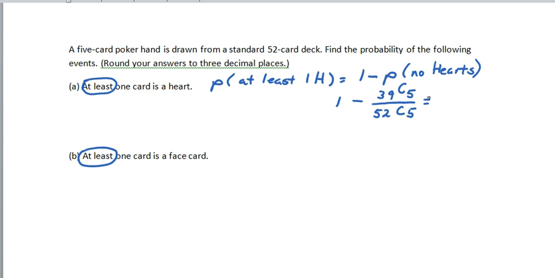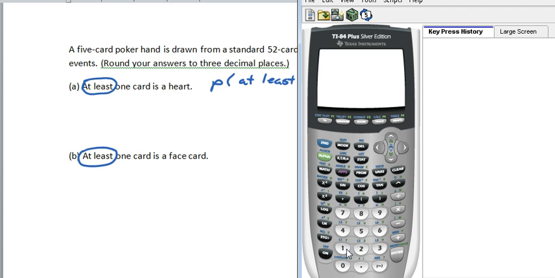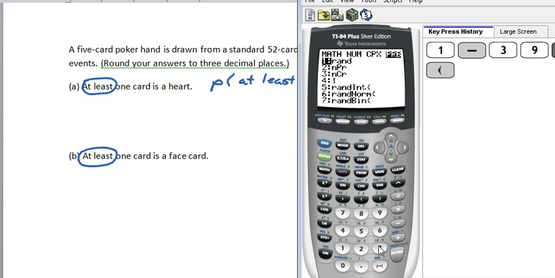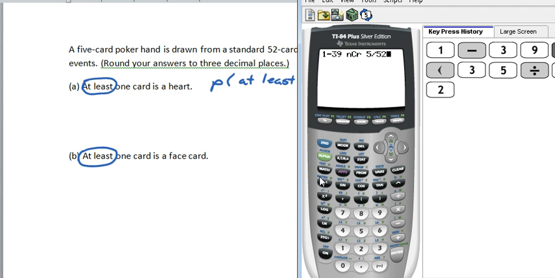And so, looking at our calculator here, we'll have 1 minus 39, math, prob, combinations, 5 divided by 52, math, prob, combinations, 5.